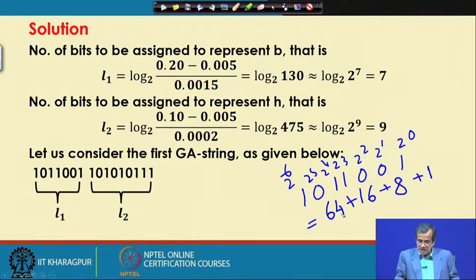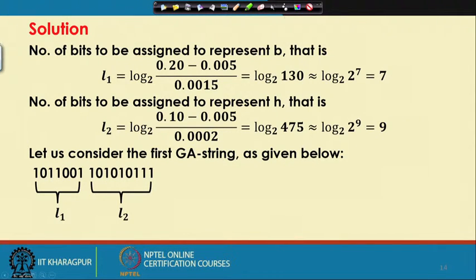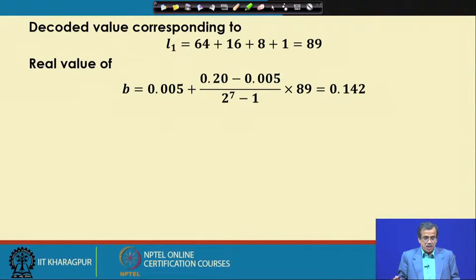If I add them, this will become 80, 88, 89. So, I can find out the decoded value corresponding to L1. Now, if I have this decoded value, then very easily I can find the real value corresponding to the decoded value of 89.